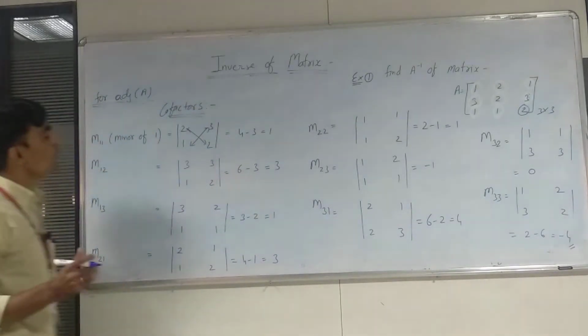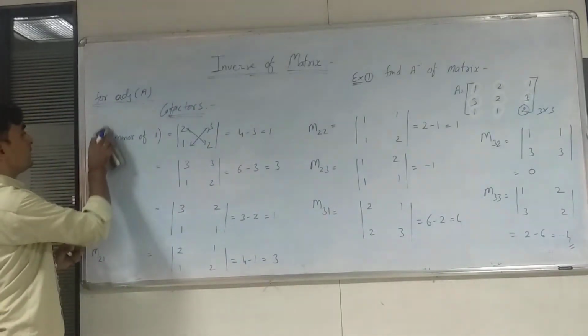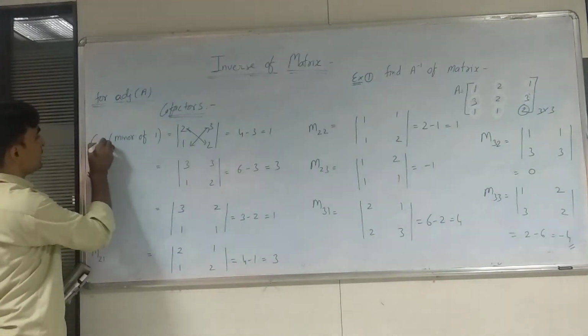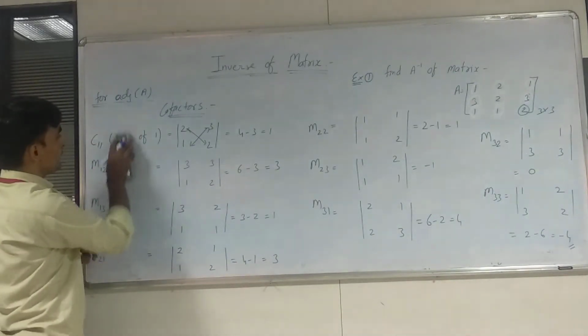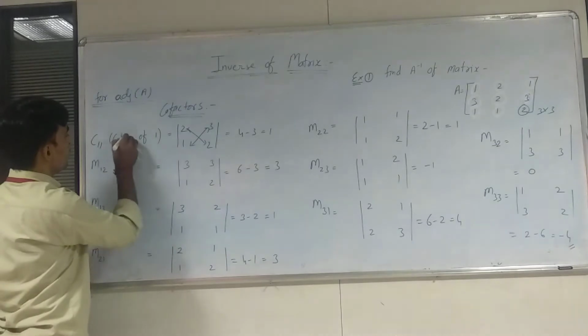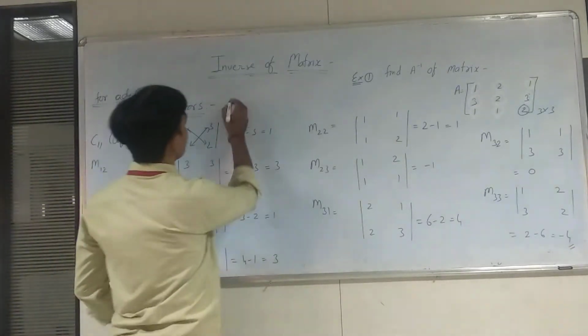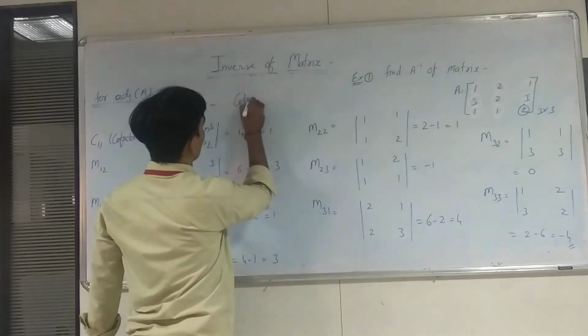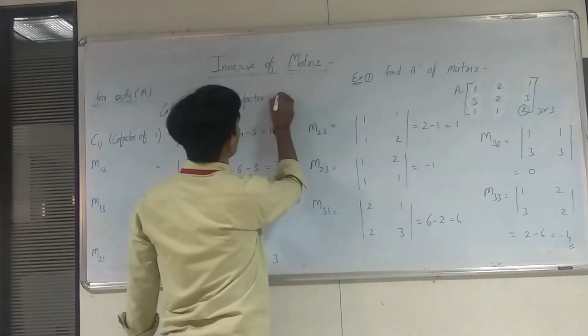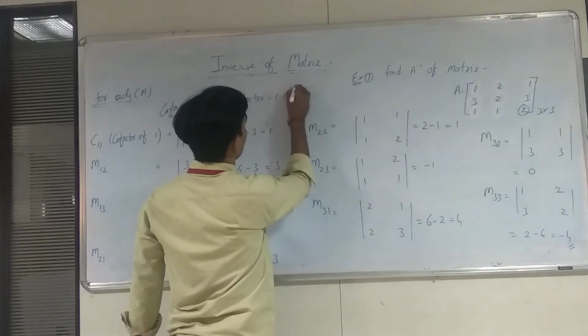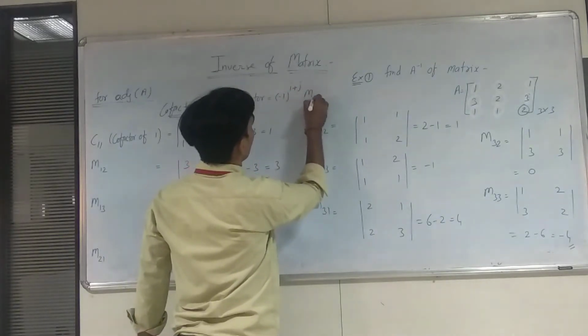Cofactors. Now we write C11, the cofactor of 1. Now what is a cofactor? Cofactor equals minus 1 power i plus j into Mij.